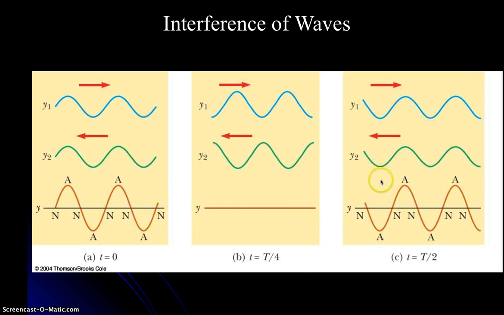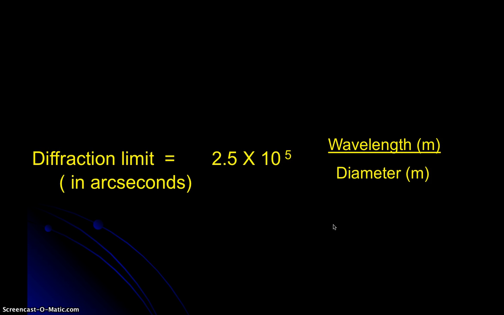And then somewhere in between would be where they're not completely lined up, not completely adding up or subtracting. It's just general interference. So when light comes into a telescope, because of the opening, there can be some diffraction and also some interference of the different light waves, and that's really what affects it.